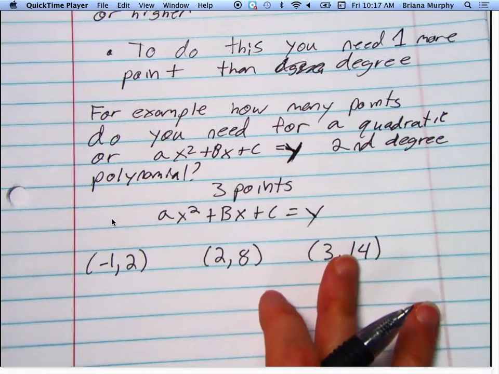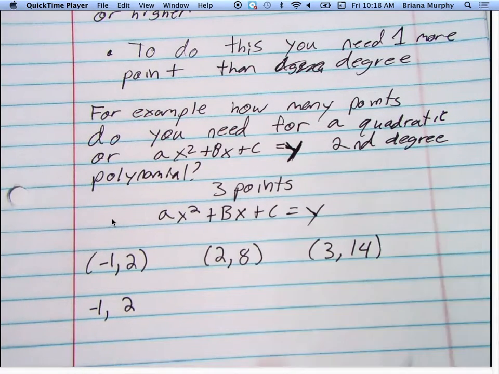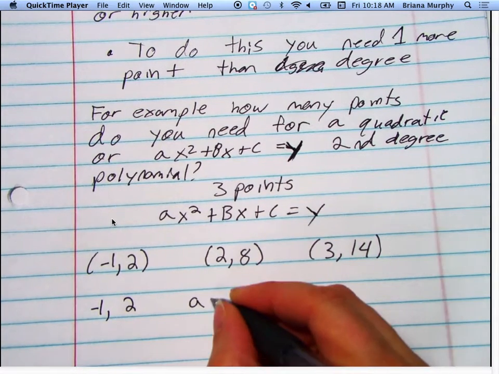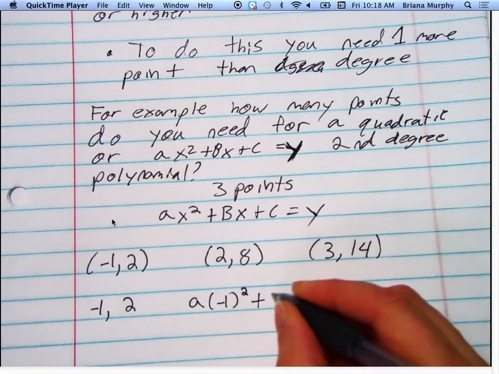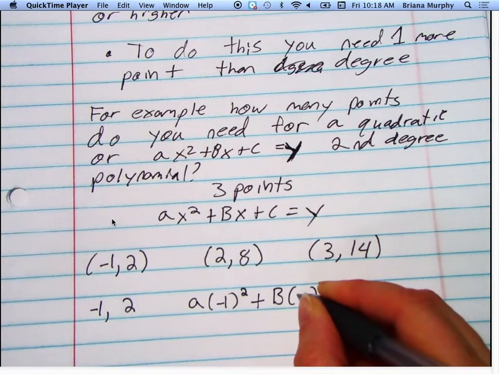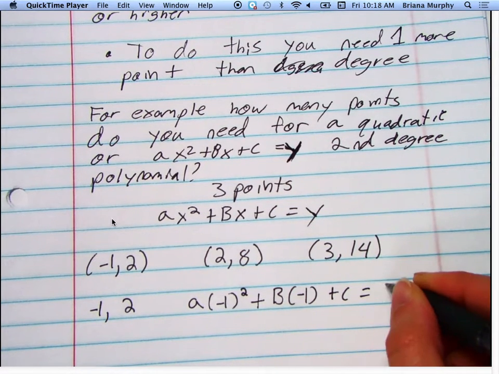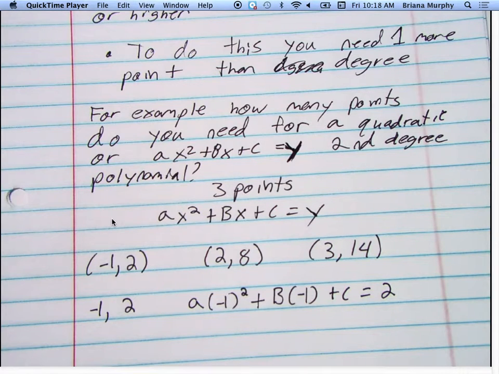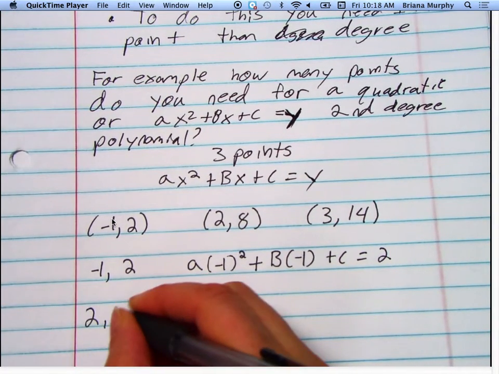Okay. So we're going to plug -1, 2 into this above equation. So we're going to get a times -1 squared plus b times -1 plus c equals 2. And then we're going to do the same thing with 2, 8.